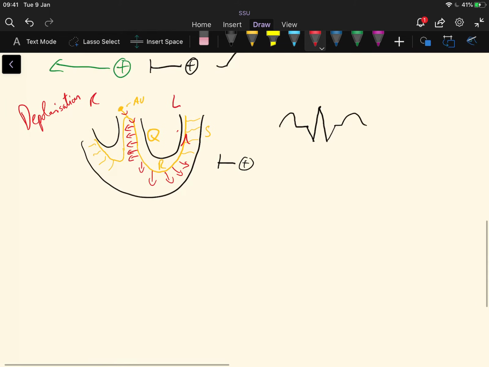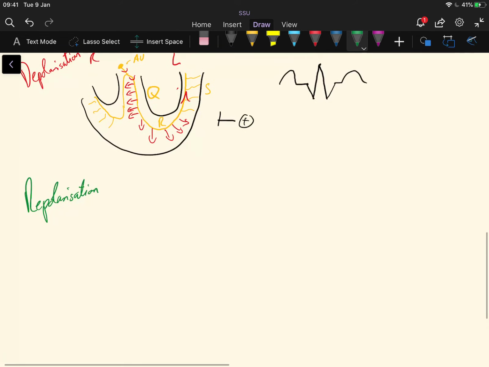Repolarization is a lot simpler. Okay, I'm going to show that to you now. So repolarization, the movement is, instead of following the Purkinje fibers, it actually moves from the outside of the heart inwards.